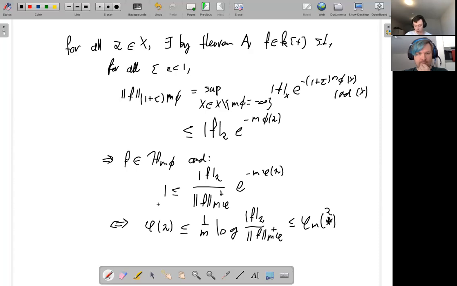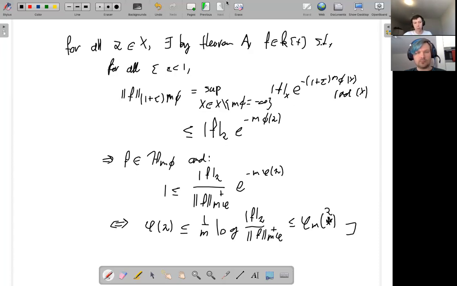Right, and so this last equality is trivially true because this expression is the supremum over all expressions of this form. So once you have this, the bound is obvious, and this bound you get essentially by definition from theorem A. And so then, that's the end of the proof essentially.